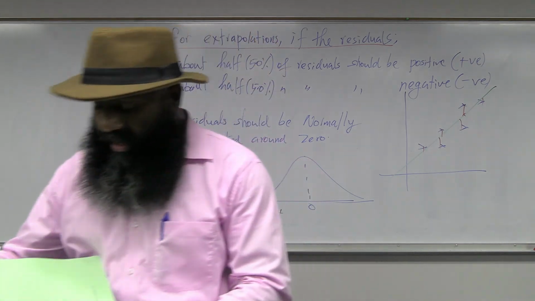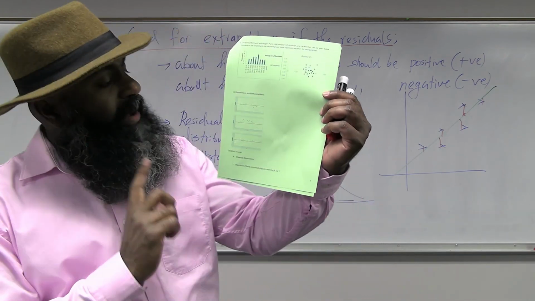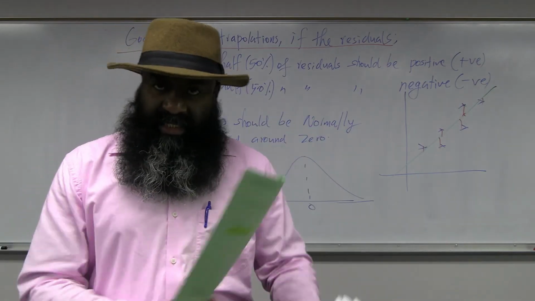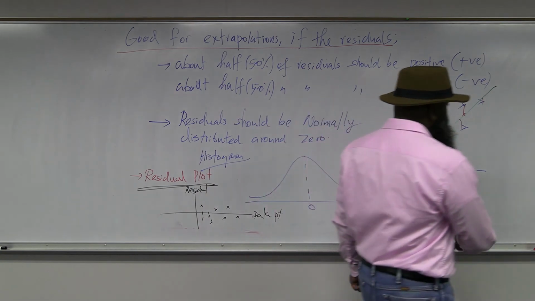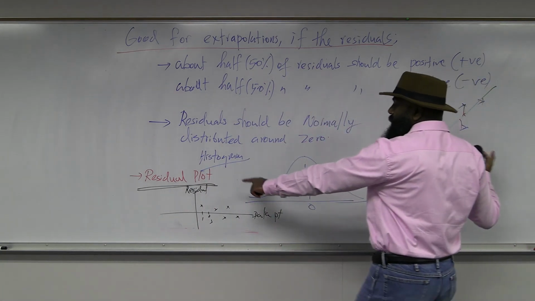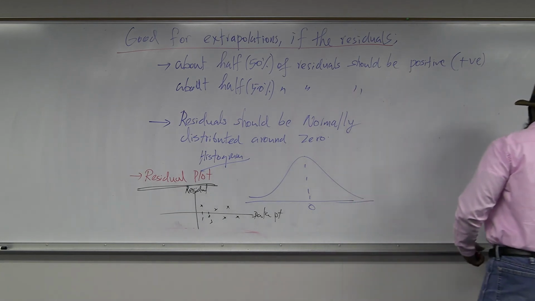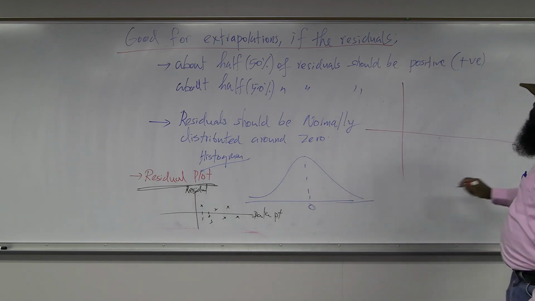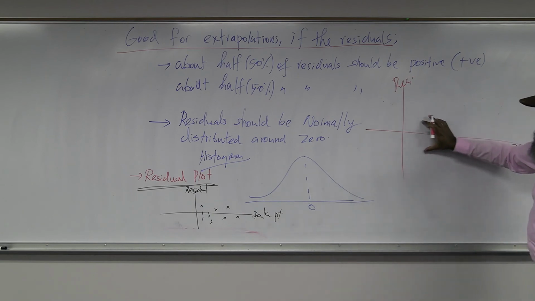In point number 19, I have given you a couple of residual plots. They are examples of bad residual plots. In the first residual plot, you can see that the residuals are increasing. We said a residual plot, to be considered good, must have residuals evenly distributed along the x-axis.